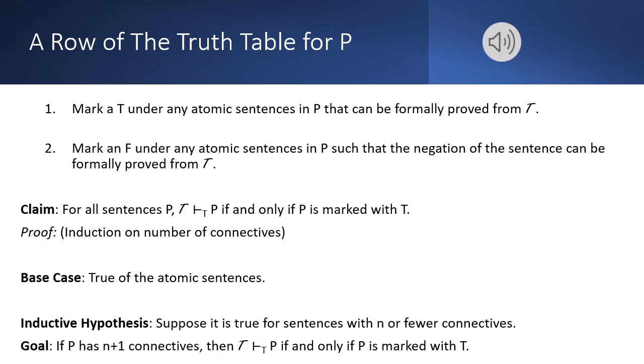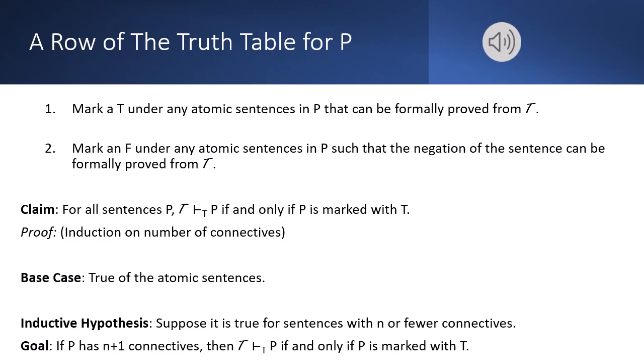And then we place an F under any atomic sentences in P such that the negation of the sentence can be formally proved from script T. And this includes all of the atomic sentences because our set is formally complete.